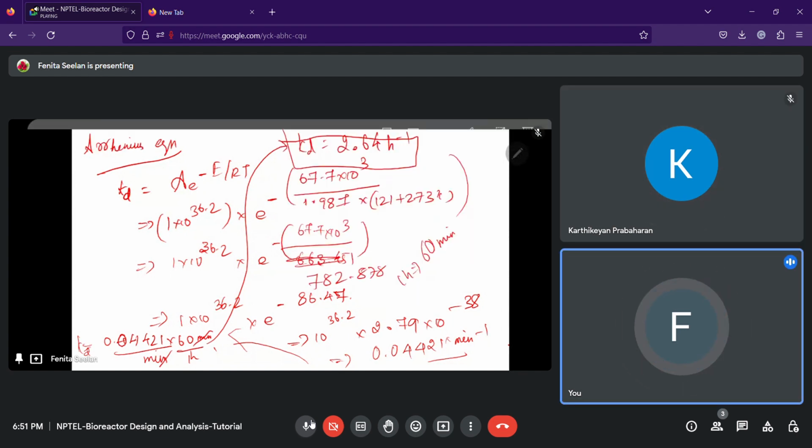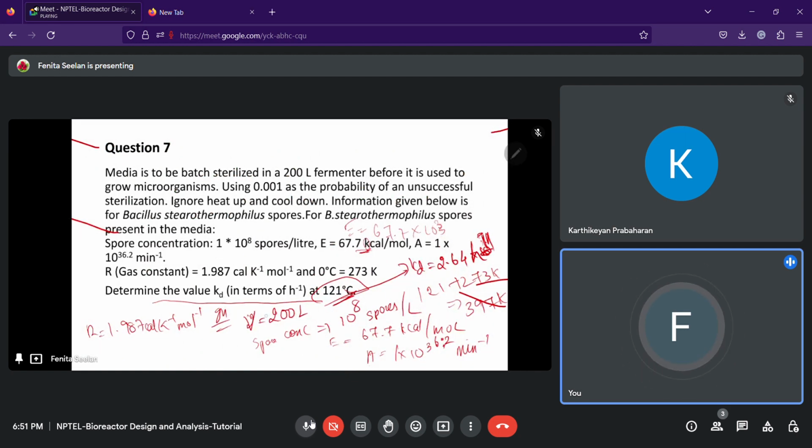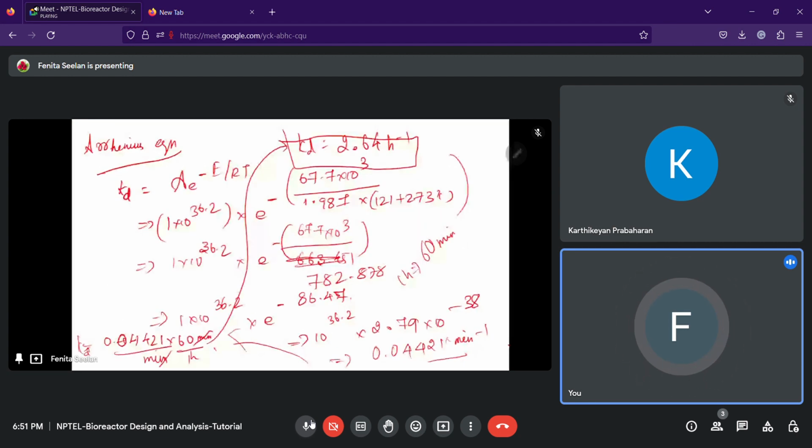So just be careful when you read the question, because when you are solving now, keep all the units in the same, so that unit also you write it and solve. If you write here the unit, then you will see whether they are cancelling or not. From that, you can identify your mistakes.